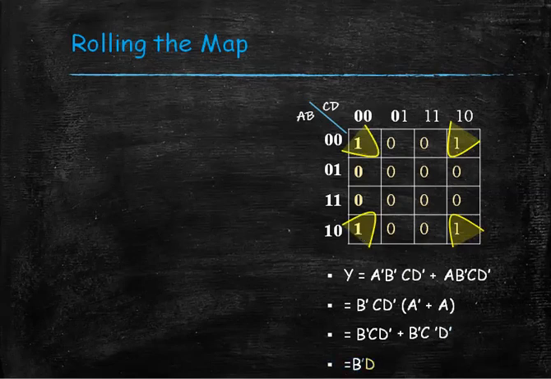And when we take B bar and D bar commonly outside, C and C bar cancel, so we get B bar D bar. What does this mean? We get only two variables, or we can say that two variables are reduced. Then we can say that it forms a quad.